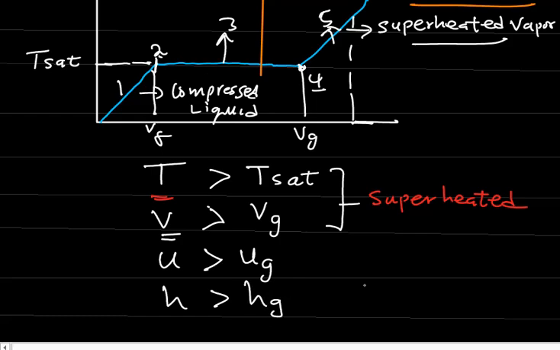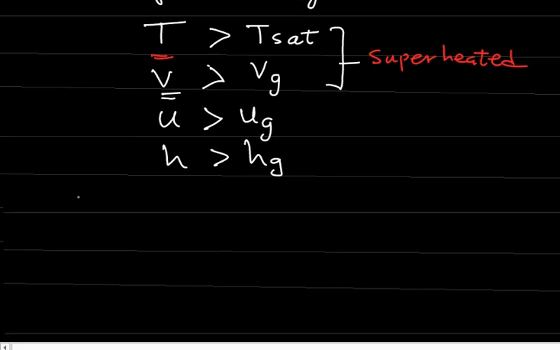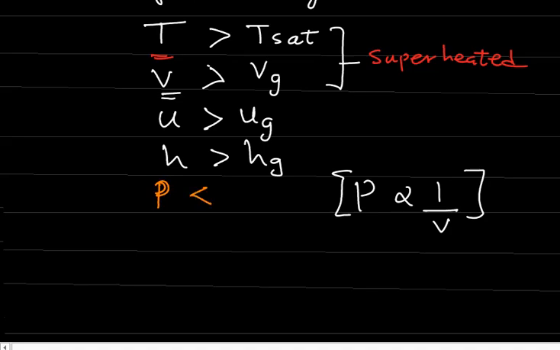For pressure, remember this very simple relationship: pressure is always inversely proportional to volume. So in the case of pressure, it will be the opposite. The pressure of superheated vapor is always less than the saturated pressure, P is less than Psat.